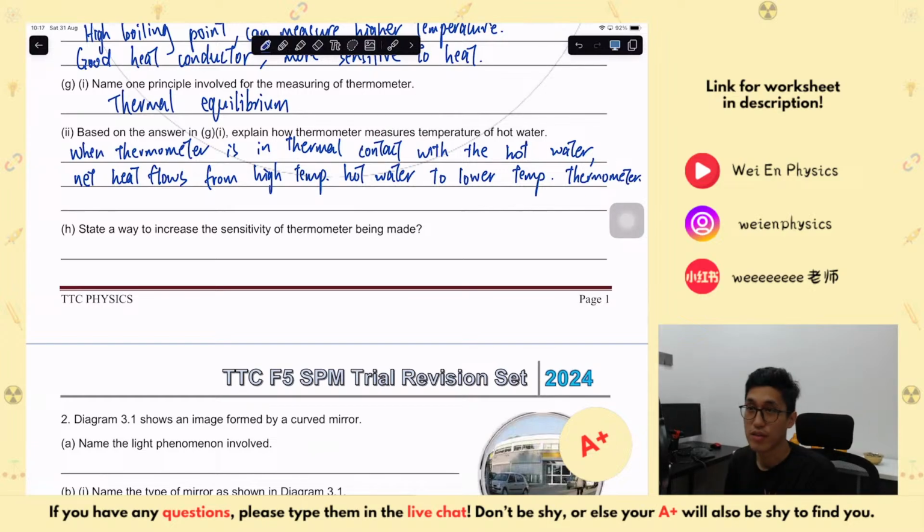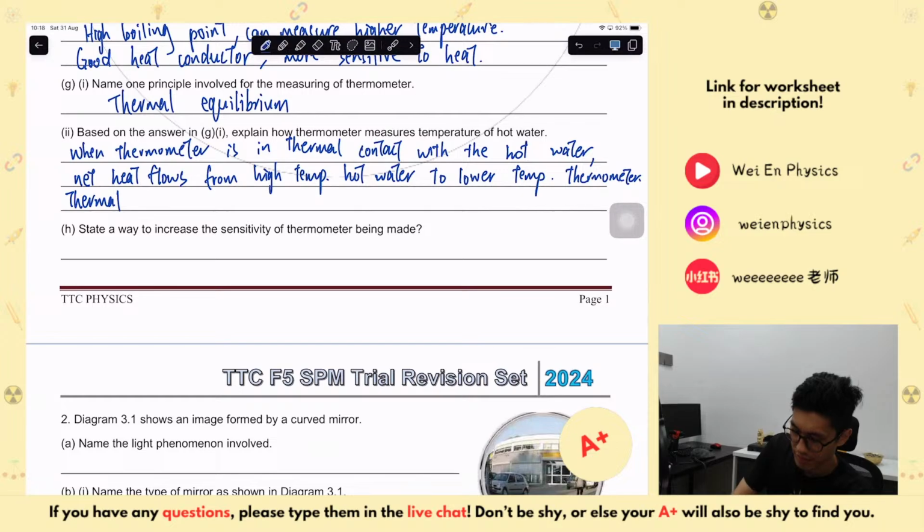From high temperature hot water to low temperature thermometer. Then thermal equilibrium is achieved when there is no net heat flow.